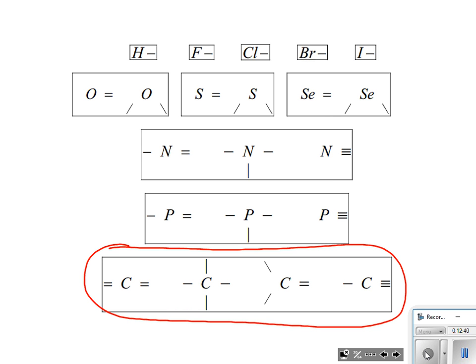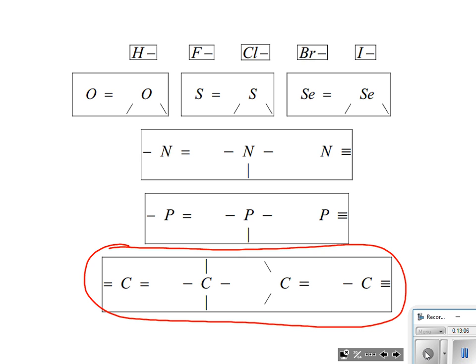If you look at carbon, how many open bonding areas does it have? 4. So it's going to want to have a combination that equals 4. Now, we talked about the quadruple bond, right? What did we say about a quadruple? Ain't gonna happen. We don't have a quadruple bond.